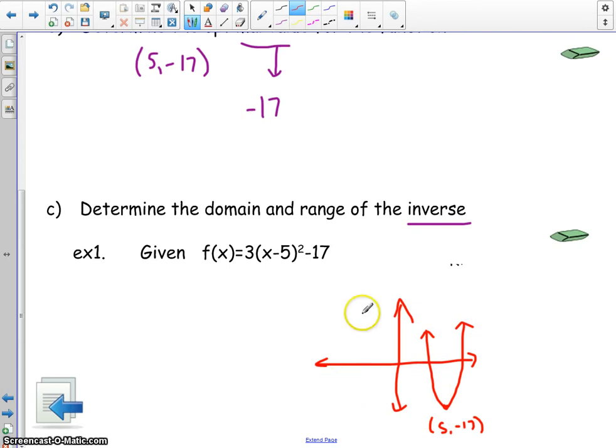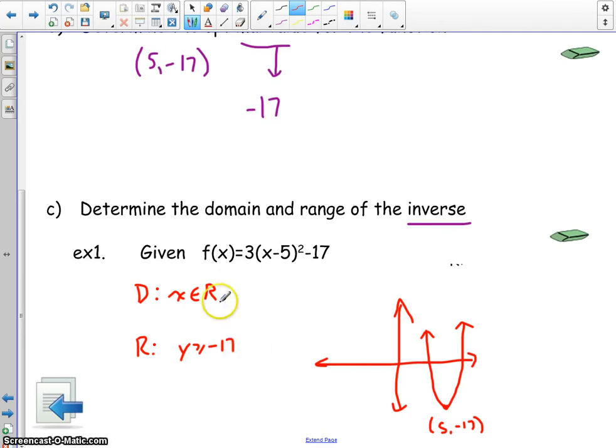Right from here, I can say the domain of this function: it's a parabola with no real-life restrictions, so our domain is x equal to the real numbers. And our range depends on our vertex. We're going to have any y value above or equal to negative 17 as possible, so our range will be y is greater than or equal to negative 17.